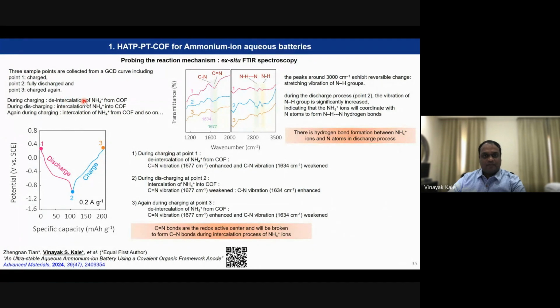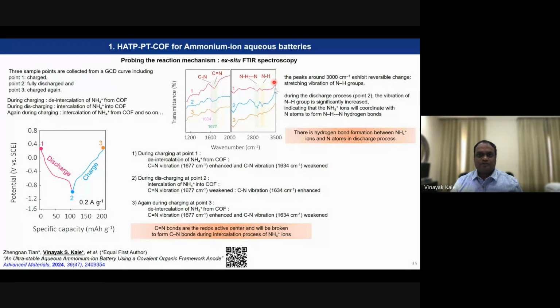De-intercalation of ammonium happens from the COF, and during discharging, intercalation of ammonium into the COF happens. It means that ammonium is intercalating into the COF during discharge, and again during charging, the de-intercalation of ammonium from the COF happens, and this cycle repeats. So we collected these 3 points and analyzed them by ex situ FTIR spectroscopy.